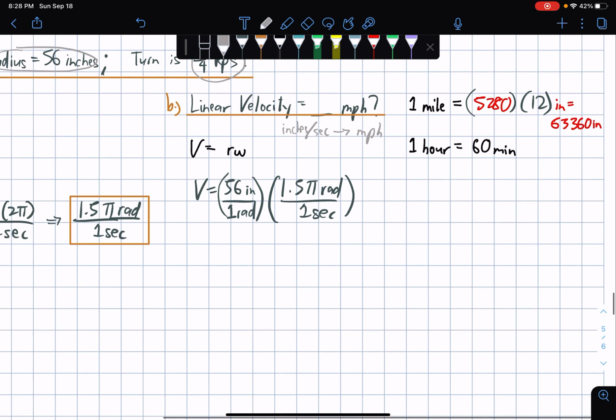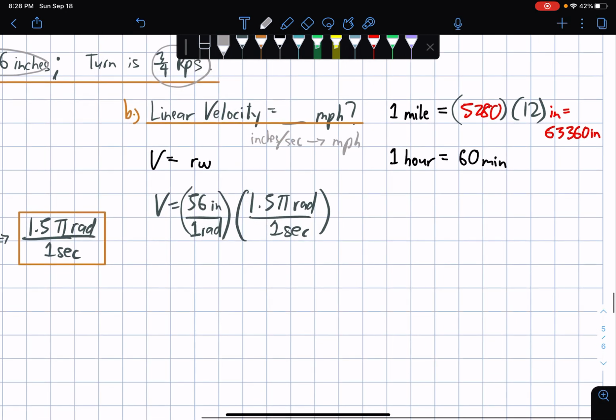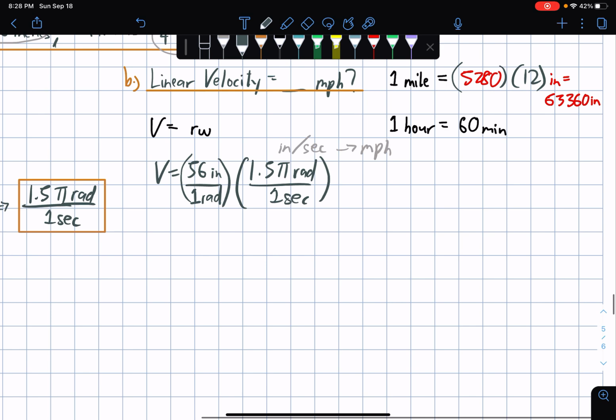So currently our given is in the unit inches per second. We want it in miles per hour. I was supposed to remove this. Anyways, from inches to miles, 1 mile is equal to 63,360 inches.